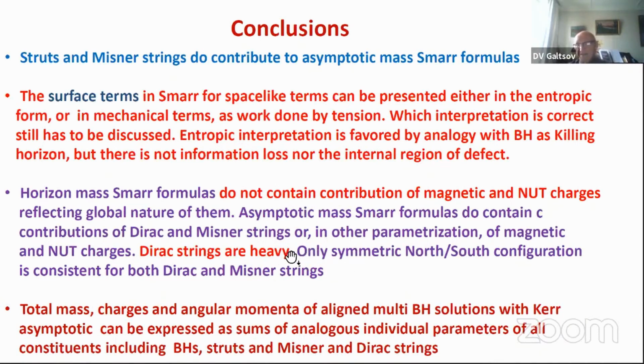They cannot be just considered as an artifact, because we can make it unobservable by quantum particles in flat space, but in gravity you cannot. They are heavy. And also from our analysis, it follows that only the symmetric north-south configuration for both Dirac string and Misner strings is consistent and doesn't diverge.